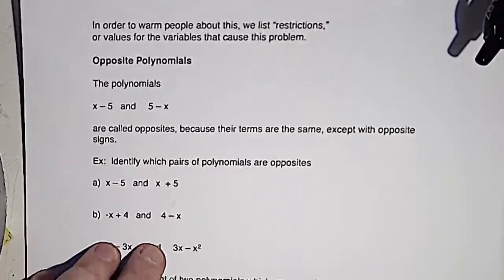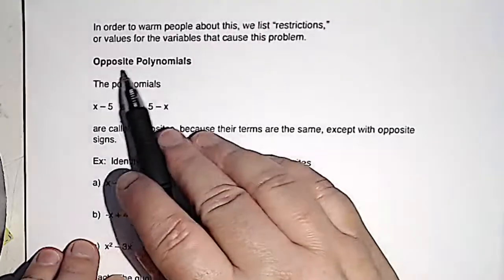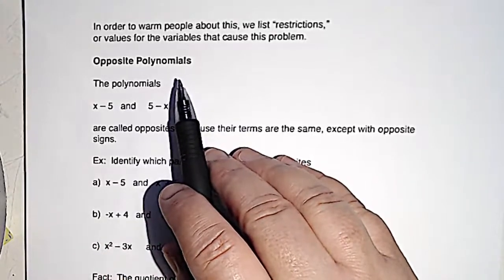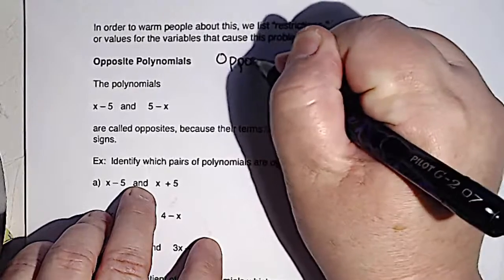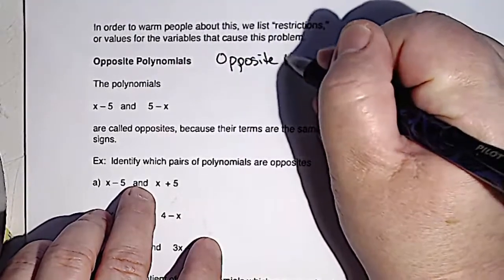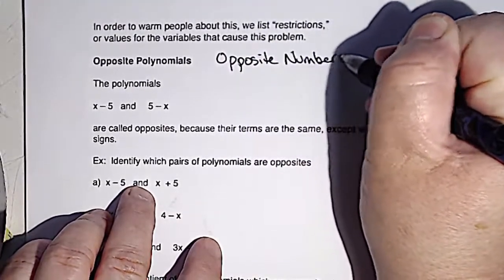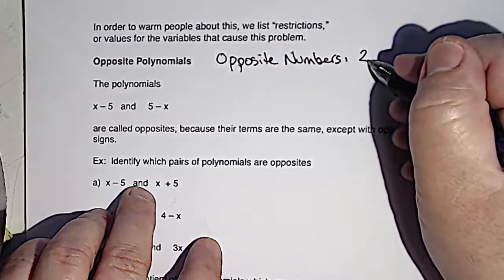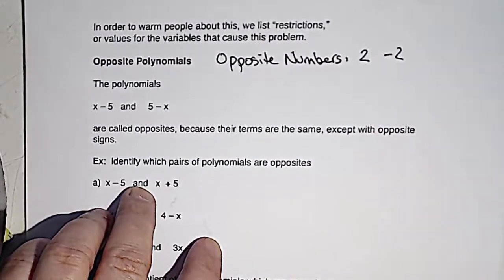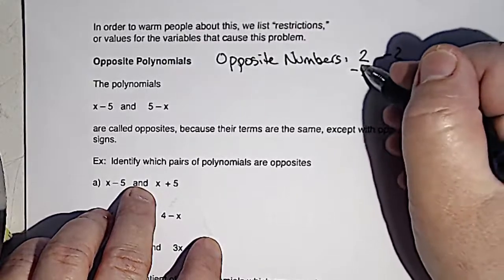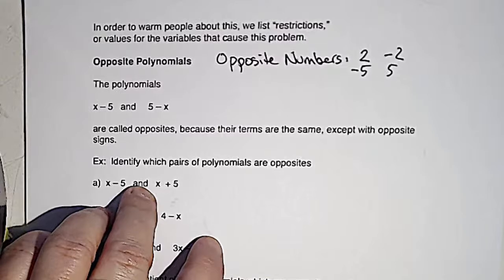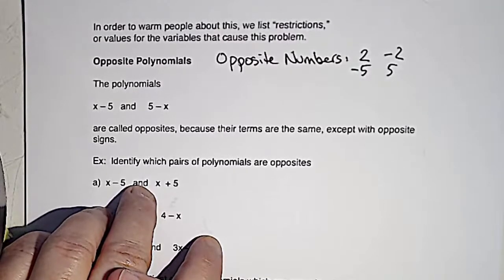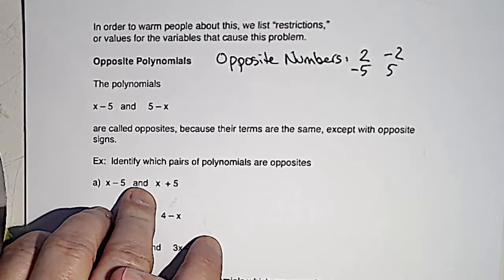First thing we're going to go through is something called opposite polynomials. Now, you might remember opposite numbers. Opposite numbers like 2 and -2 or -5 and 5, they're opposites if they have the opposite sign. Now, polynomials are a little more complicated because there's usually more than one term involved.